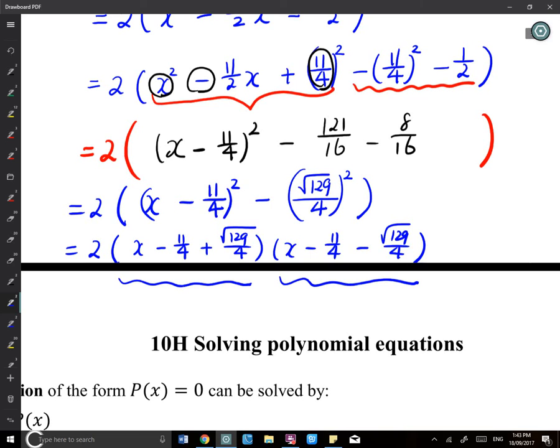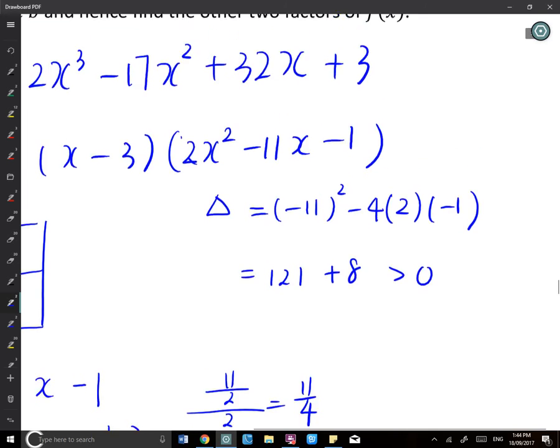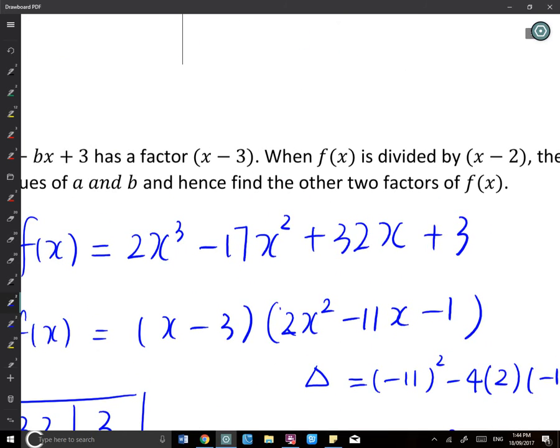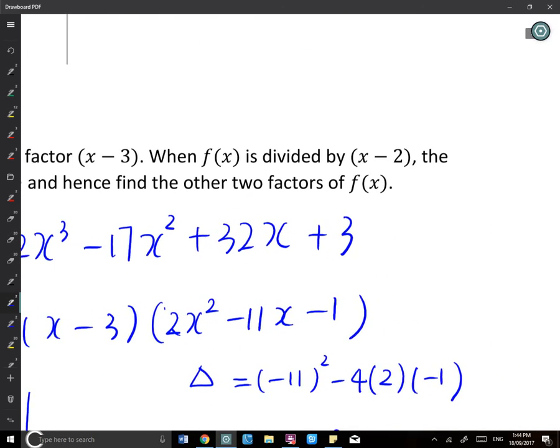Like it's 2, that linear factor, and x plus 3. No, only 1. If you want to put it inside, you only put it once. You don't have to put it inside.